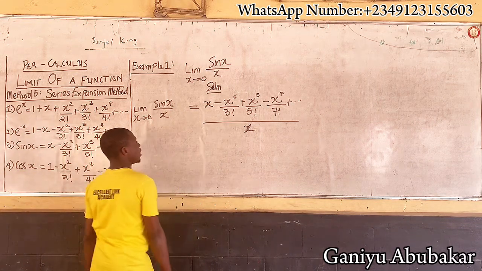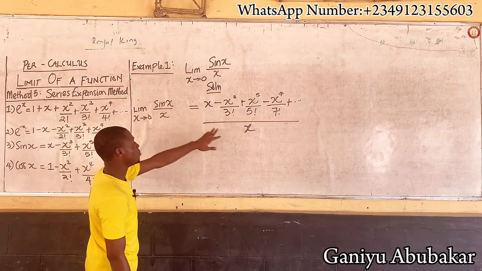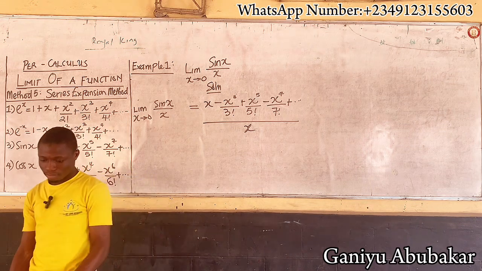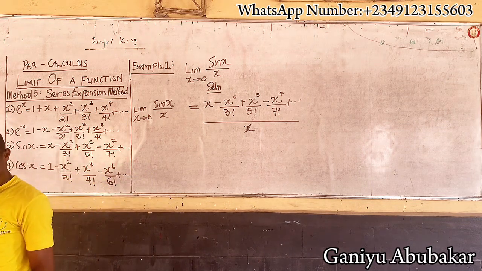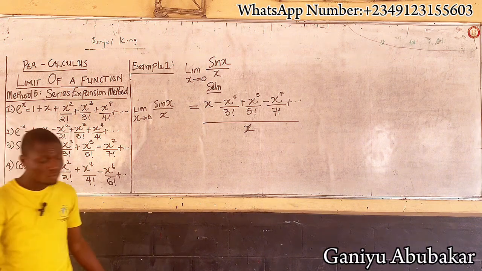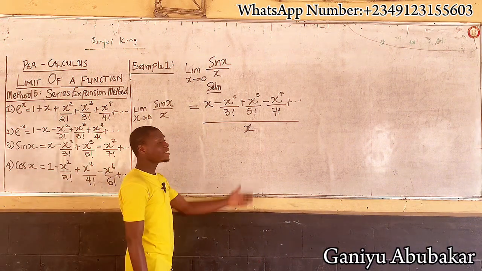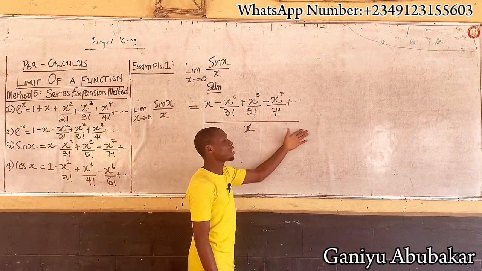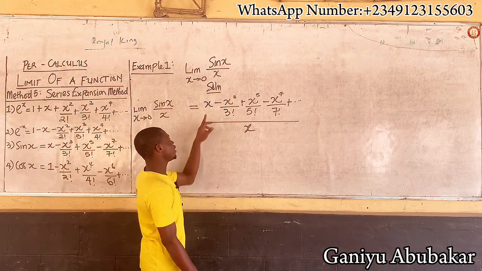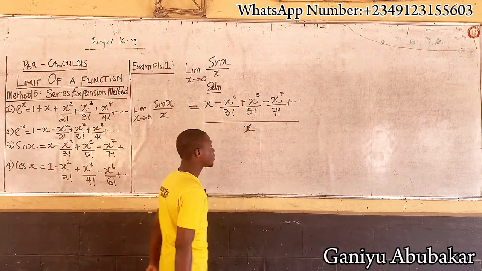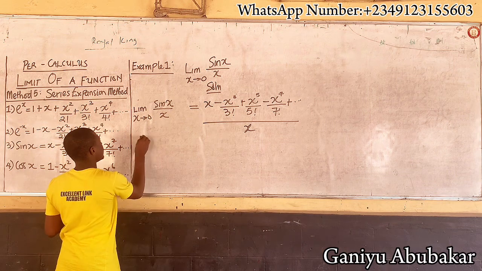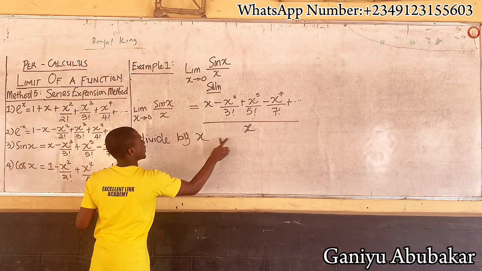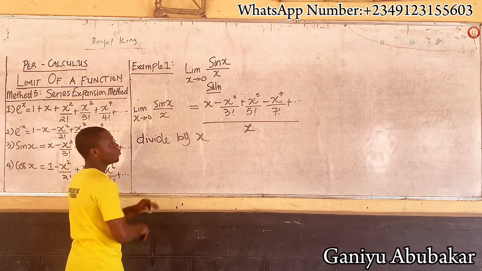So I have this. The next task here is to divide by x. The task says that I want to try to eliminate the fraction. I don't want a fraction. So I will divide each of the terms here by x, this x here, so that everything is eliminated.